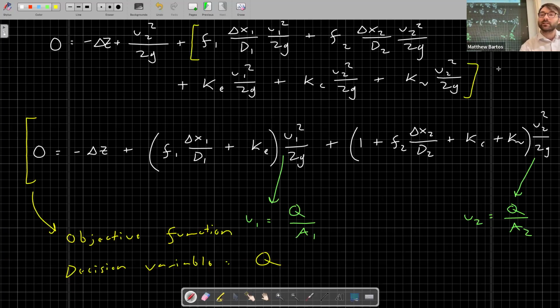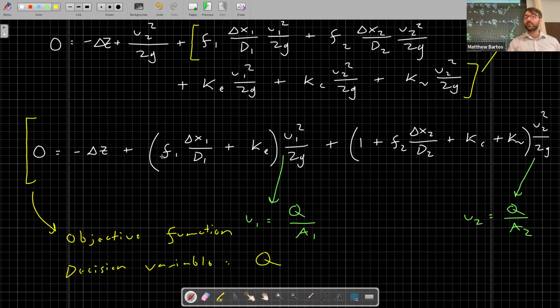So this here is all just HL. Everything in this bracket is just HL. And this equation here is the energy equation. So that's what this big equation is. It's just the energy equation with all of our loss terms substituted in. We rearranged it to put 0 on the left-hand side, and then we also grouped terms by the velocities that they depend on.